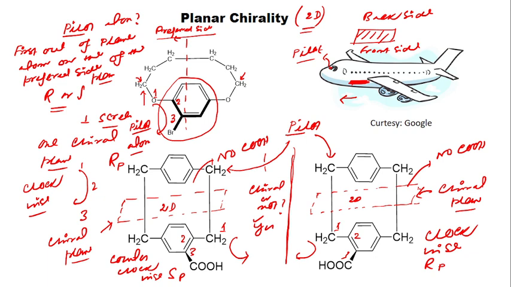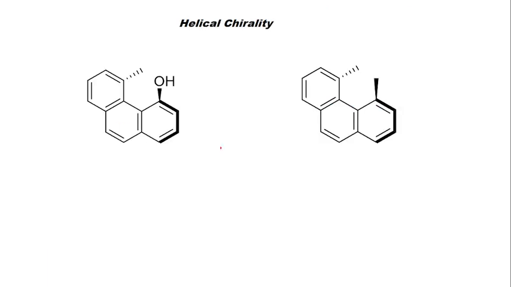So we have heard about and studied axial chirality, then planar chirality, then we will move to a different thing, helical chirality. Helical chirality is very easy. If we keep on adding benzene rings one by one, it will turn into a helical nature. We are all aware of helices, like DNA, we know this is helical.